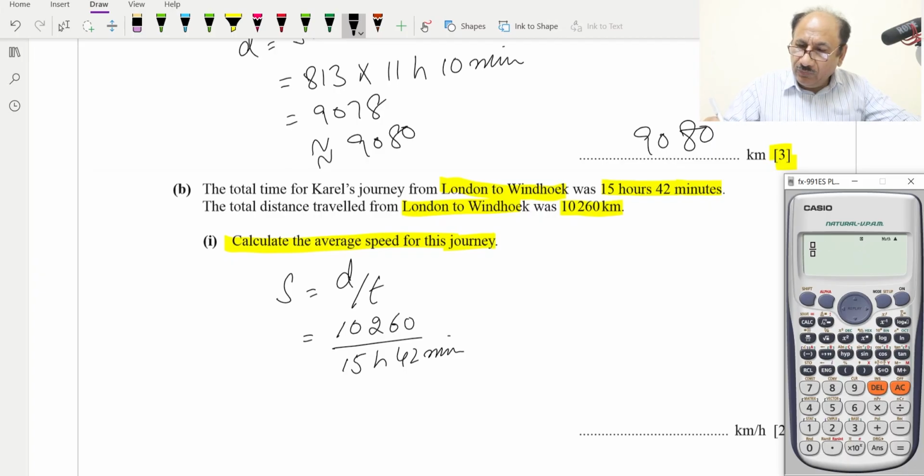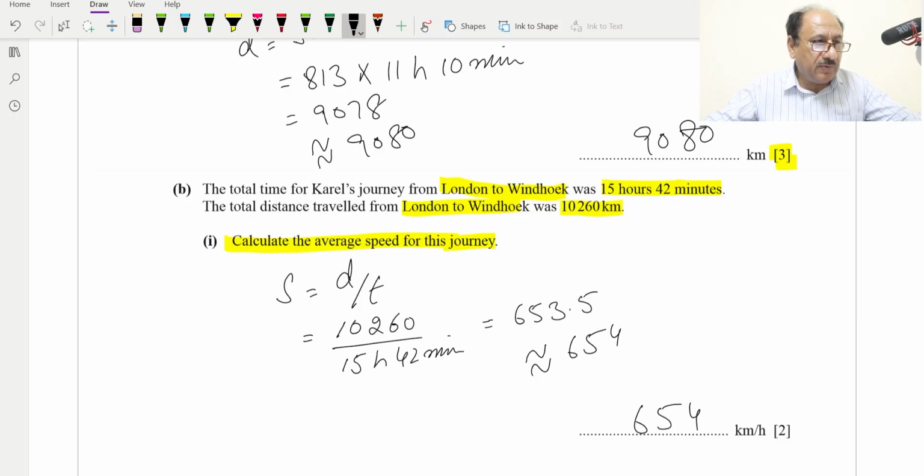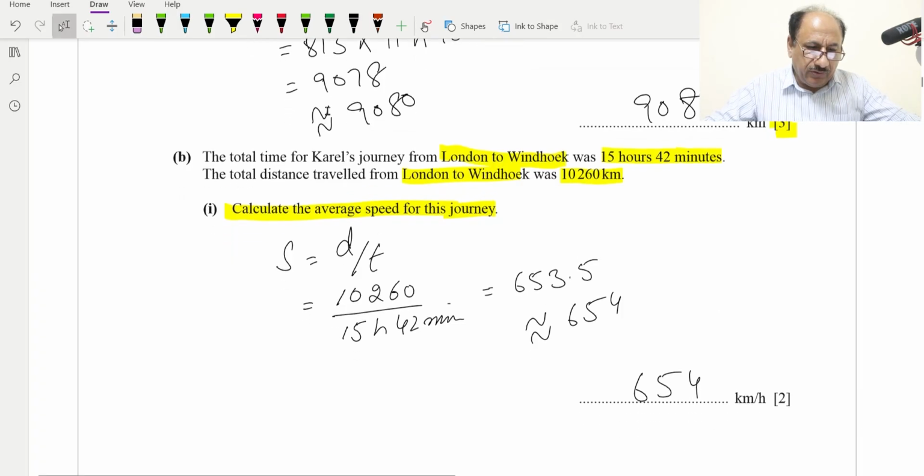So fraction 10260, divided by 15 hours and 42 minutes, and this will be equal to 653.5, so we can round it to 654 kilometers per hour. 654 kilometers per hour will be our answer for this part.